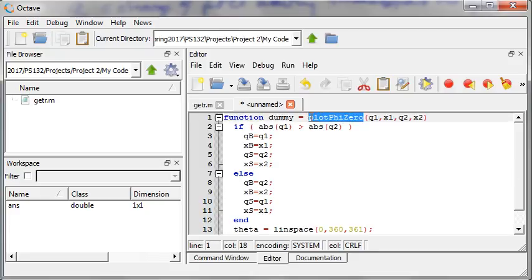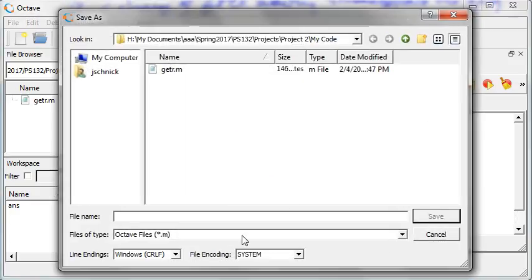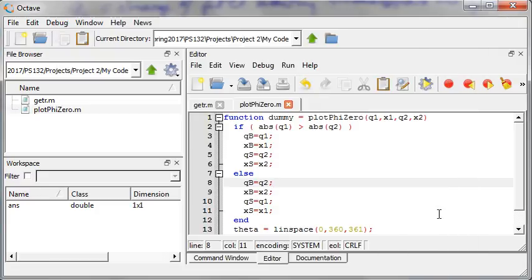I'll do a Control C to copy it, and then Control S again, and then Control V in there to paste it and save. And there, I've got it. Plot phi 0. Plot all the positions in the XY plane where phi is 0. Then what do I got to do?